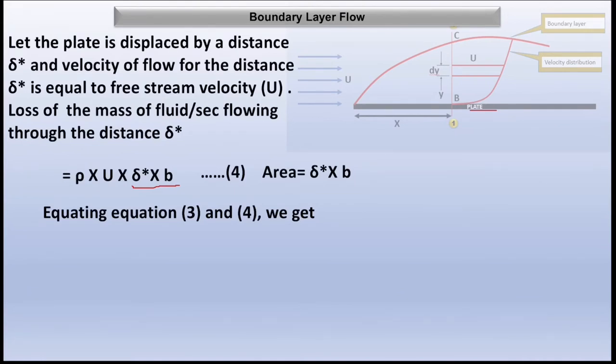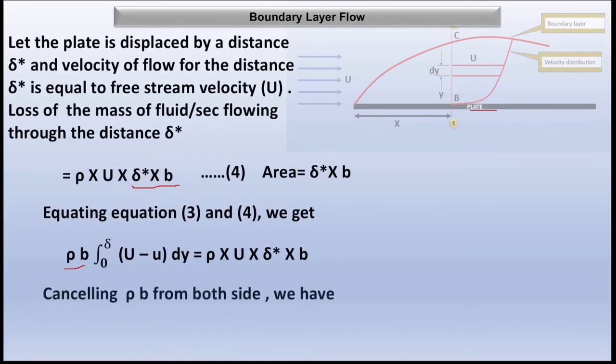The definition of displacement thickness says that for compensating the loss of fluid flowing through the boundary layer, we need to displace this boundary layer by delta star. So using that statement, we equate both equations, and we get rho into b, integration 0 to delta, bracket U minus u, bracket close dy, is equal to rho into U into delta star into b.